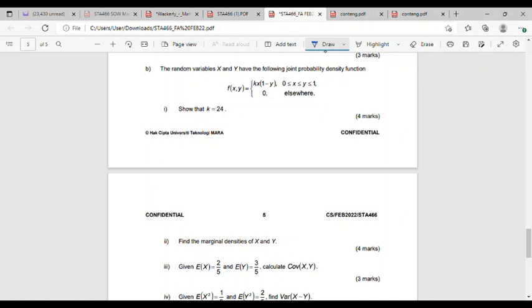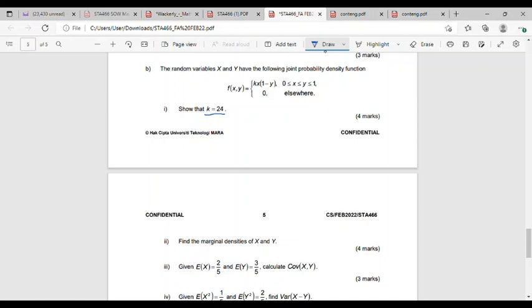And y also from 0 to 1, and it is more than x. Okay, so now to show that k equals 24, we can use the second property, which is that the double integration of a valid joint function is equal to 1.